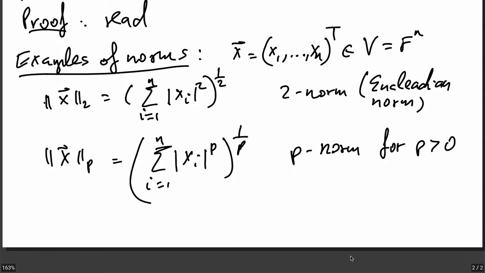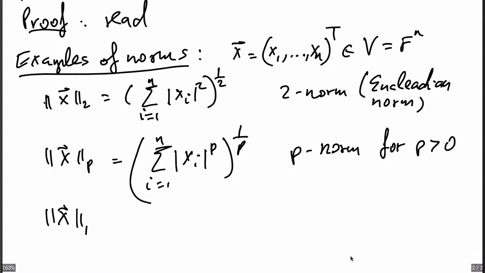But then some special cases, the 1 norm. The 1 norm comes out as a special case of this, because when you take the first power, that's just the absolute value of x_i, and then 1 over 1 is 1, so all you get is the magnitude of x1 plus the magnitude of x2 added together, all the way up to xn.